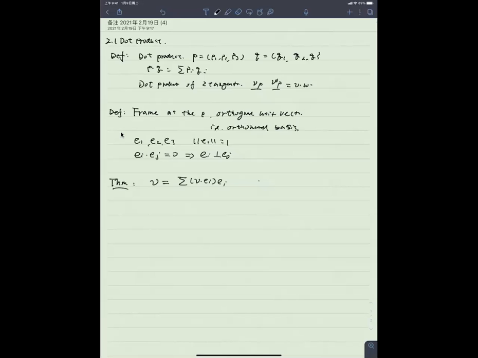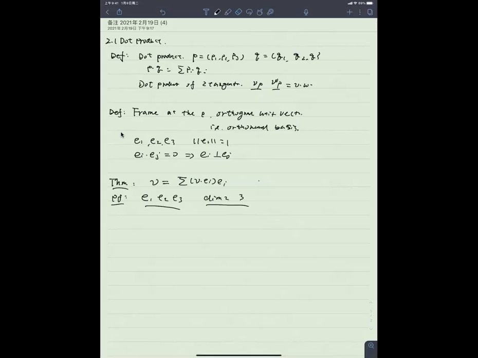So how do we prove this? What we know is that E1, E2, E3 are three orthonormal bases that form the three-dimensional space, which is the entire space we study.